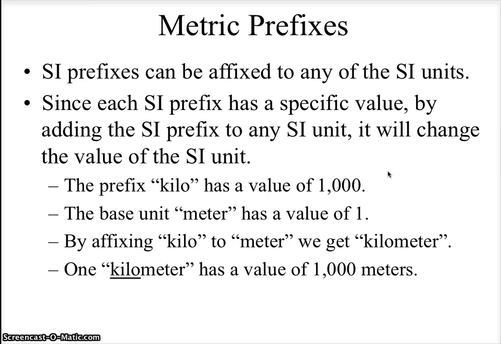In this case, the prefix will go in front of the SI unit, the metric unit. Because each SI prefix has a predetermined numerical value, it will change the value of that metric unit by a certain amount.